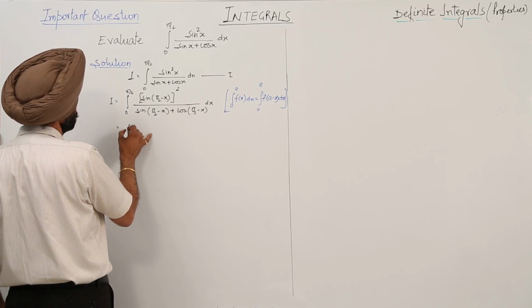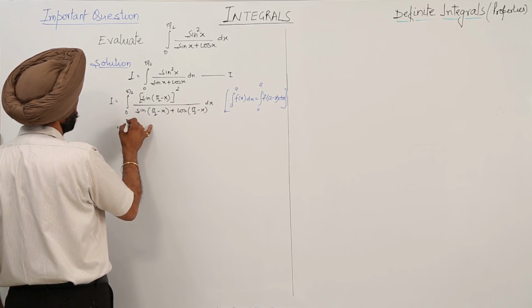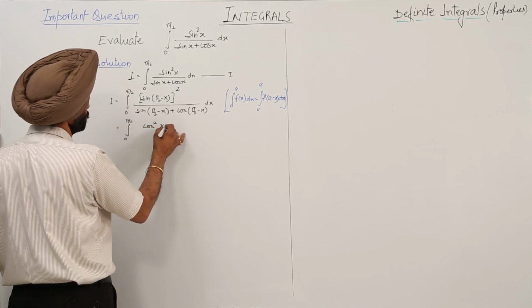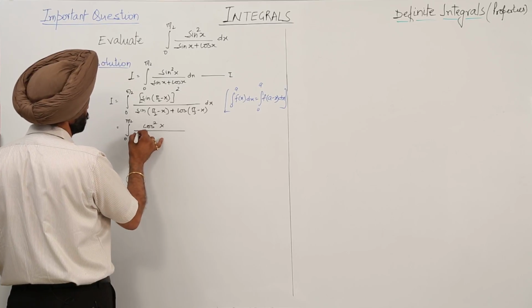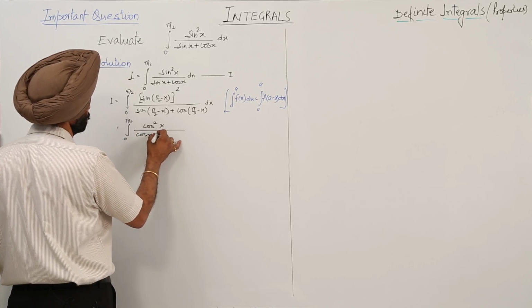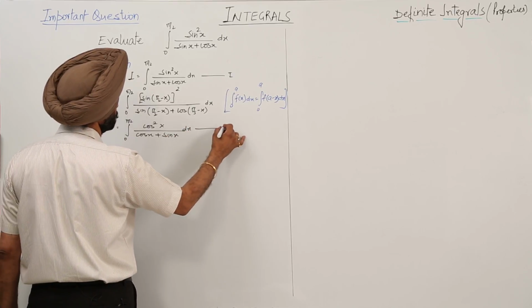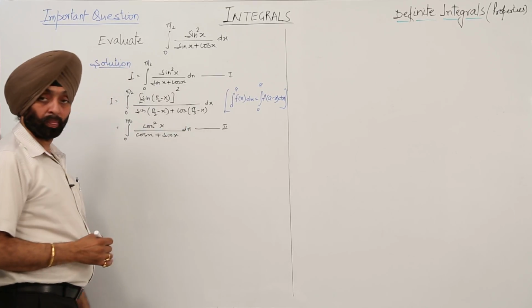This becomes integral 0 to pi by 2 of cos square x upon cos x plus sin x dx. Second.